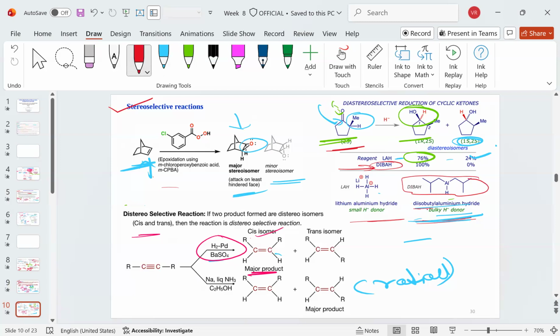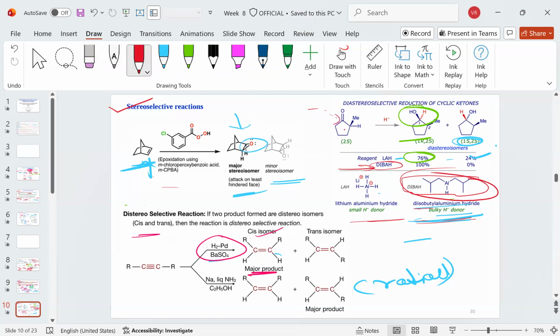This DIBAL-H stands for diisobutylaluminum hydride, and due to the diisobutyl groups, bulkiness is induced in this reagent, and the hydride transfer from the top side is now nearly impossible. Why? Because this entire hydride transfer group is now quite bulky, and due to the stereochemistry of this methyl group, the attack on the top side is not favored.